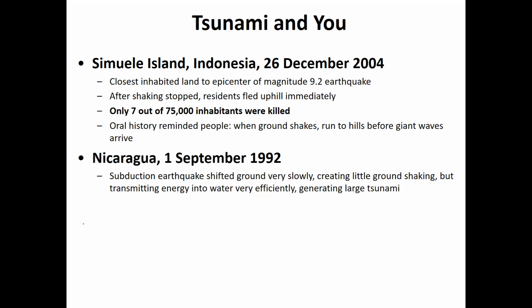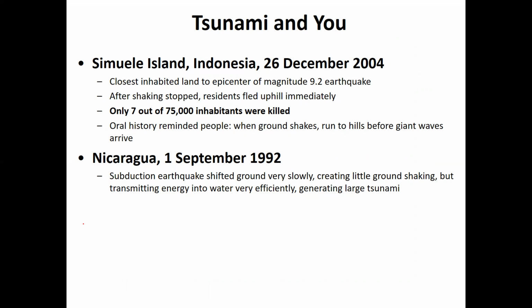And then the low GDPs, because of the developing economies, they didn't have the infrastructure or the resources to put in mitigation efforts. But just that one island, Simeulue Island, that one story saved so many lives, and it's so unfortunate that so many people died, mainly due to a lack of information.